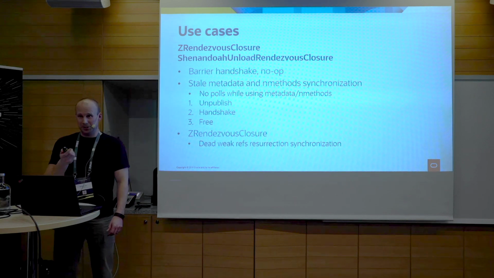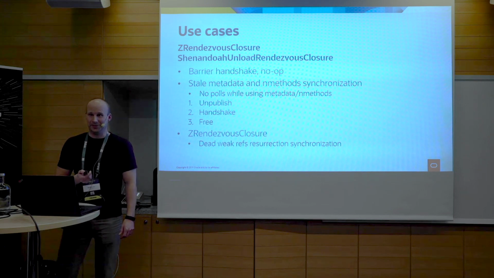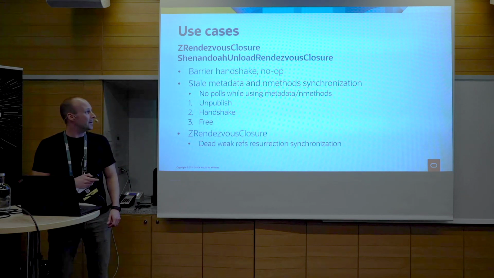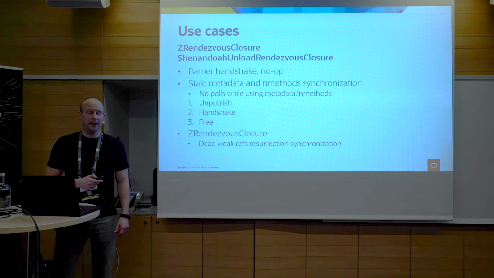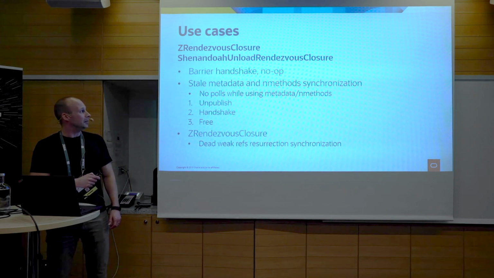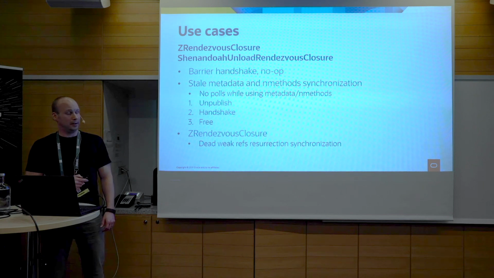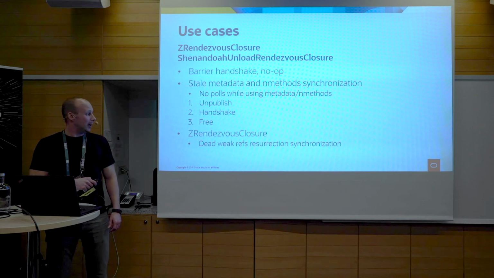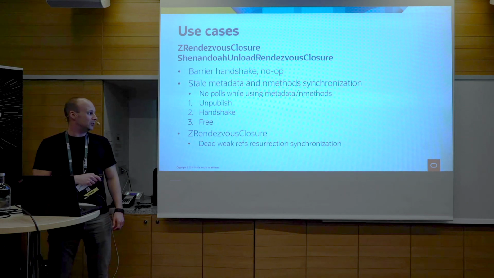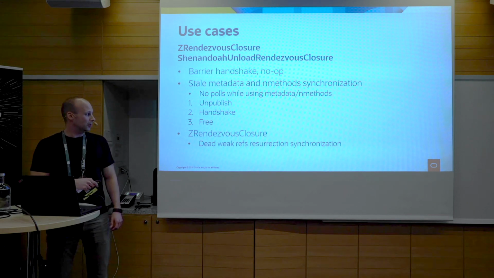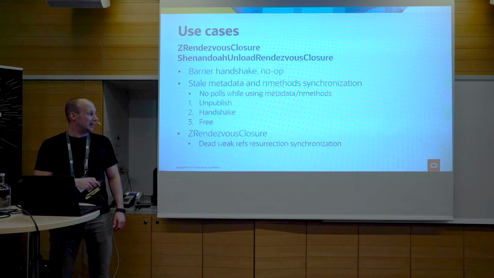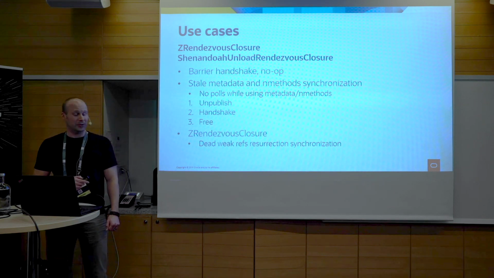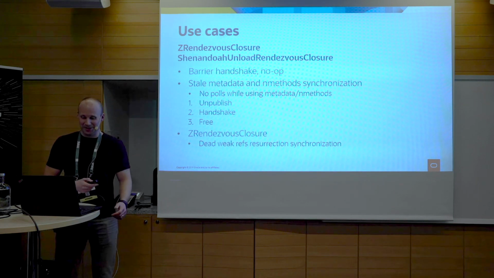Probably some GC guy can answer that. It's both, yeah. So this part they both have, but the rendezvous GC's rendezvous closure is also used for dead weak reference resurrection synchronization.